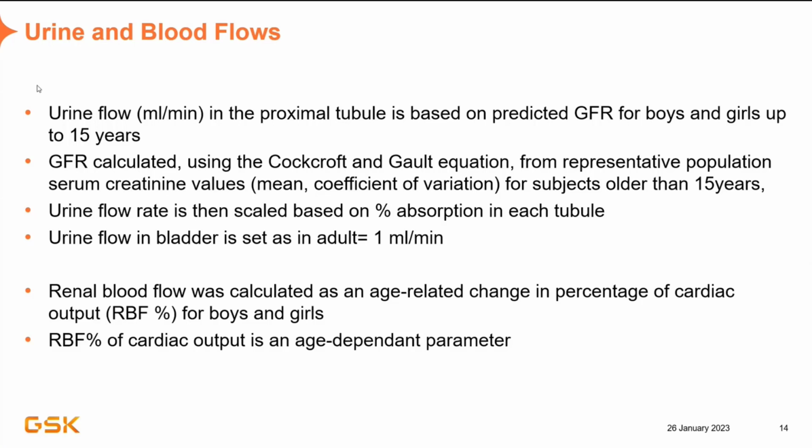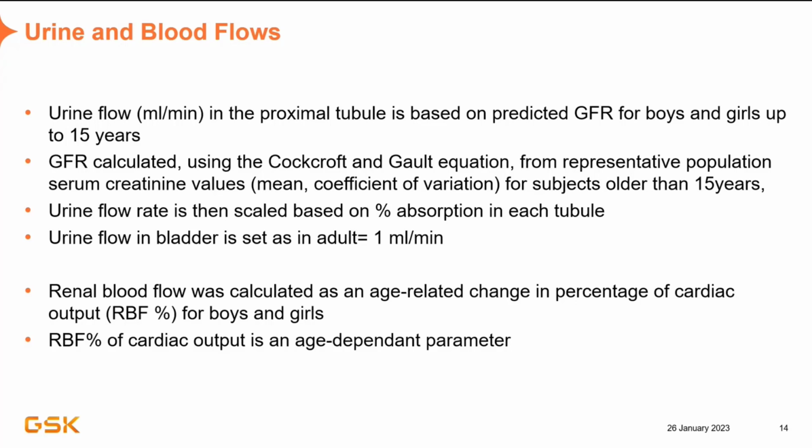The urine flow that I showed in the first segment, in the proximal tubule, is based on the GFR, and the GFR is different based on sex. For boys and girls it is different, and I think you're aware that in SimCYP up to 15 years there is an equation based on the body surface area for the GFR.